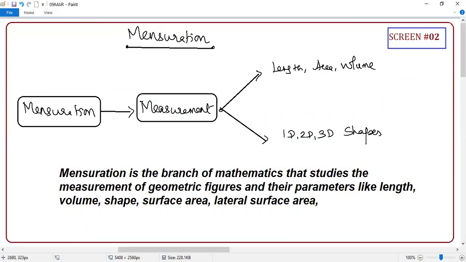What is the definition saying there? Mensuration is the branch of mathematics that studies the measurement of geometric figures and their parameters like length, volume, and surface area. So we are going to learn everything in detail, right?